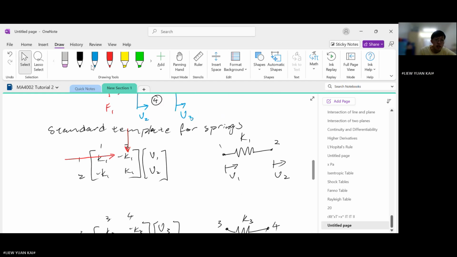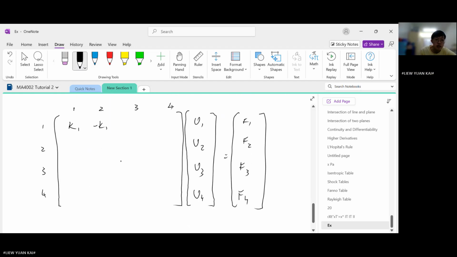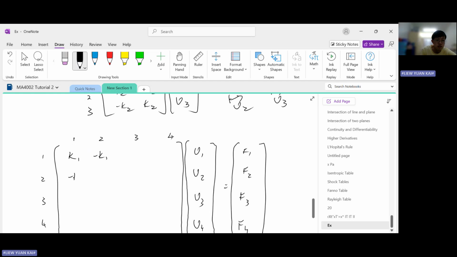Next, you go to the next entry. So the next entry is row 2 column 1, it'll be minus k1. So row 2 column 1 is minus k1.